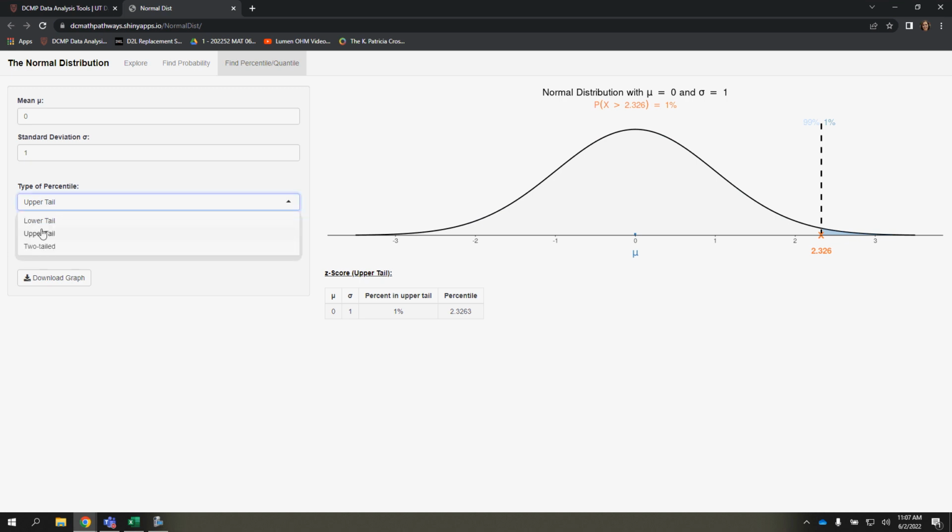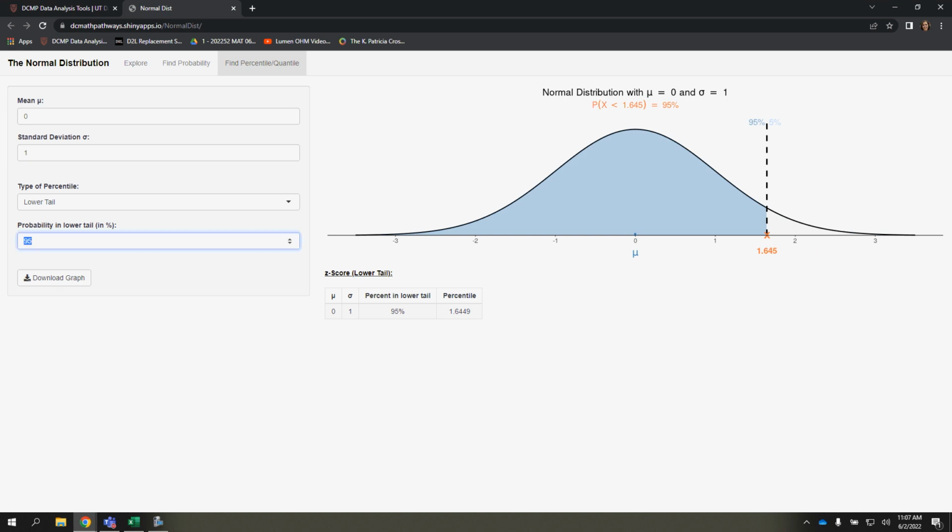If you wanted, let's say, a lower tail, and you want this probability in the lower tail to be, let's say, 2%, now you'll see that that percentage, that's the second percentile, is being represented by that shaded region, and that would be an x value of negative 2.054.